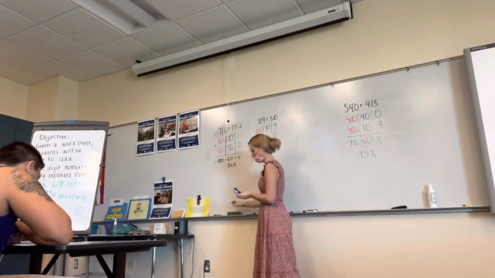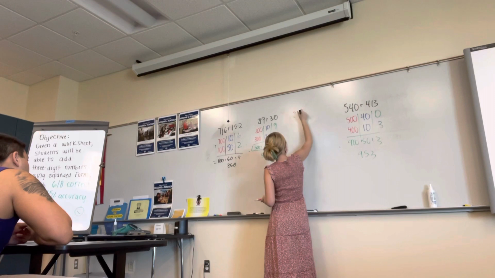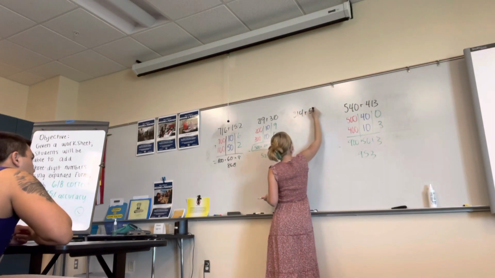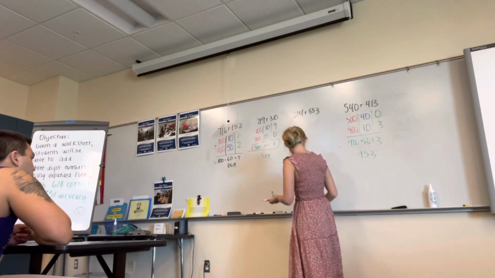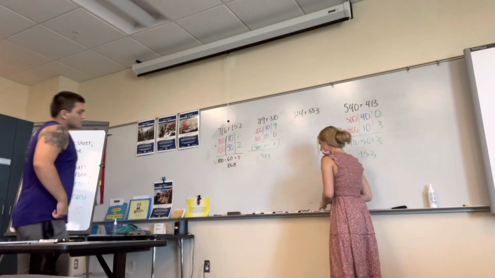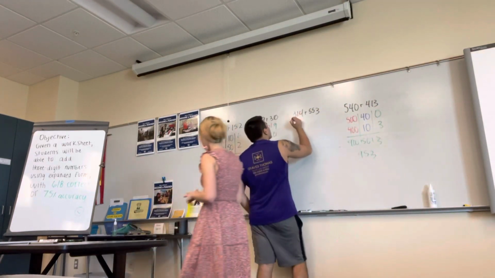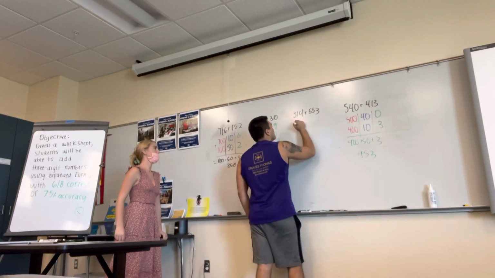What is this next problem? 314 plus 553. Let's have someone come do this one for us. Joseph. How about you talk us through it this time? So break it down into what?